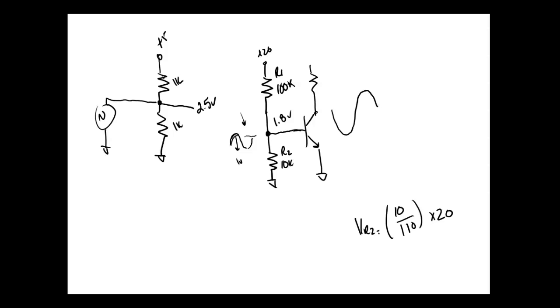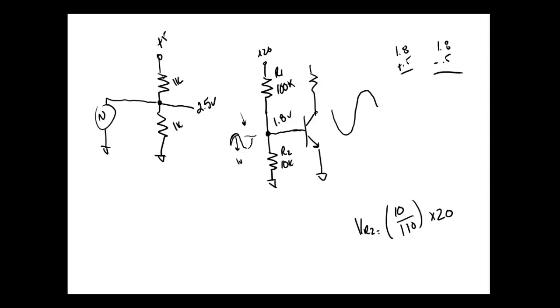When it comes down 500 millivolts, it would be 1.8 plus 0.5, or 1.8 minus 0.5. That's what I think is going to happen, but it's not. Because what we need to understand is what an AC source sees a DC source as, and what a DC source sees an AC source as.